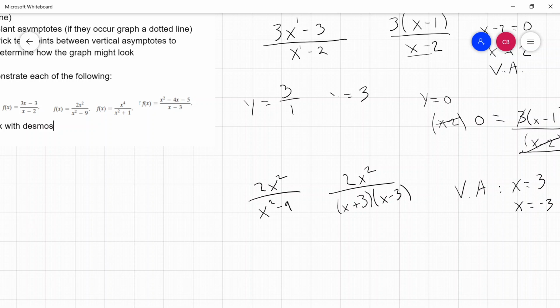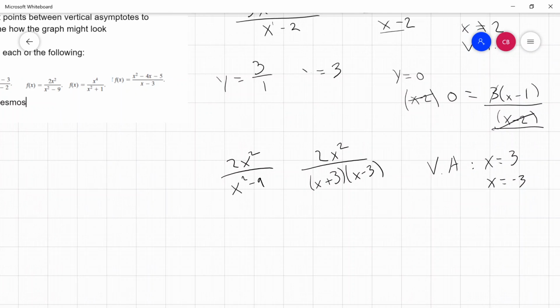Okay. How about horizontal asymptotes? x squared, so they're the same. So then it's going to be y is equal to 2. How about our y equals 0 point? That's when the numerator is equal to 0. So 2x squared is equal to 0 at x is equal to 0. So 0, 0 is a point. That's our intercept.